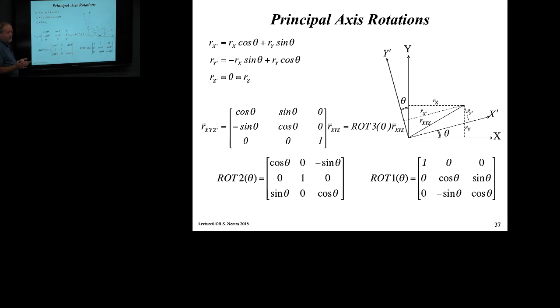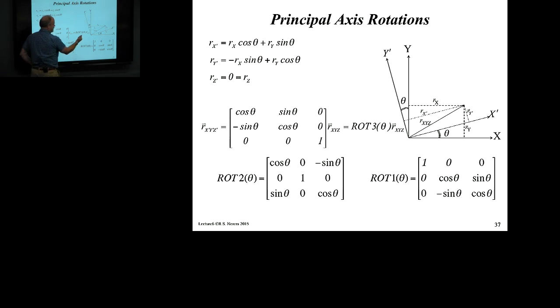Well, because we know the 2 frames are just related by this angle theta, in essence, the prime frame is rotated by an angle theta with respect to the x frame. If you use the right-hand rule, we're going to rotate about the axis coming out of the board, which is the z-axis. Obviously, the z-axis for these two frames is the same. Whatever axis you rotate around, the components of that axis don't change.